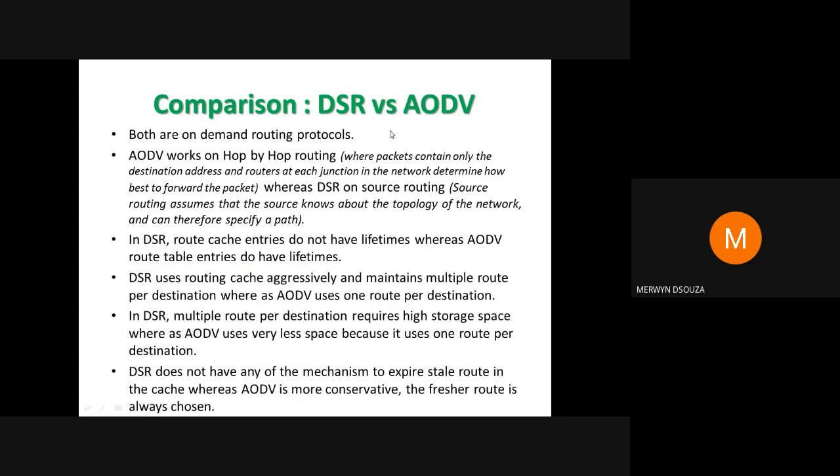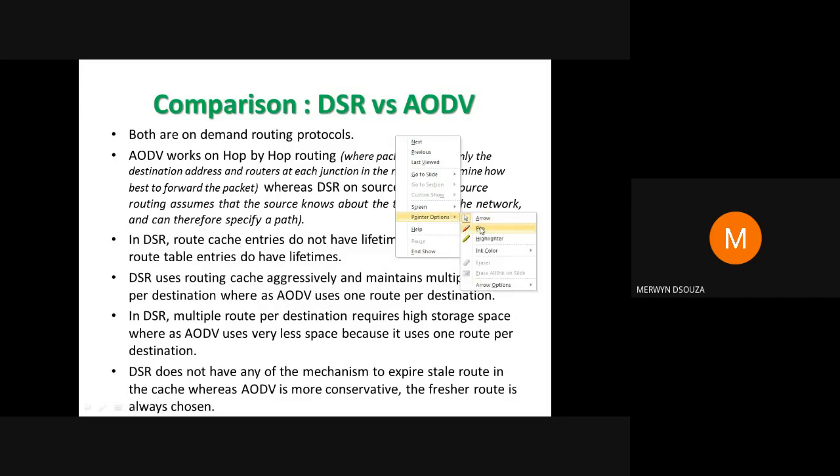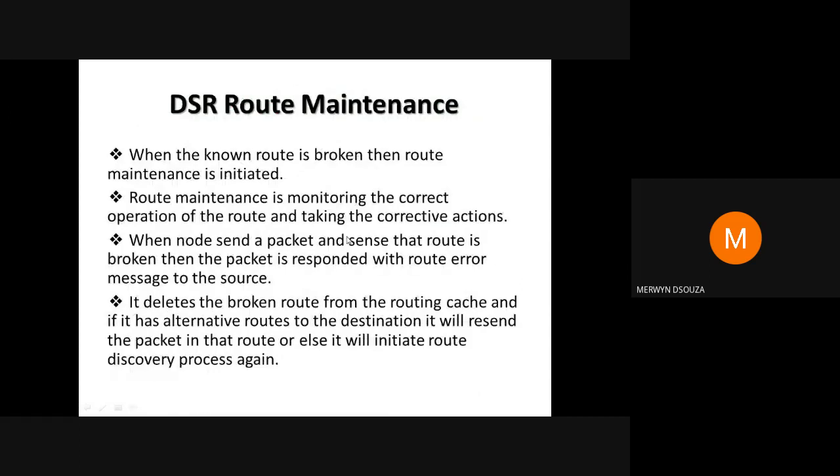What are the differences between the two? Like I told you, both are examples of on-demand or reactive routing protocols. The AODV algorithm, the Ad hoc On-demand Distance Vector algorithm, works on hop by hop routing. So what is hop by hop routing? Let's take this example.